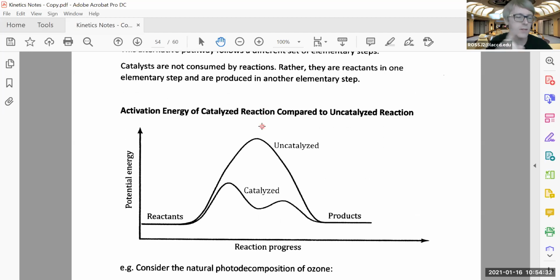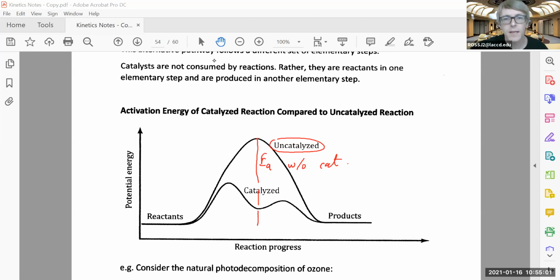This is the danger, this is what I wanted to alert you to. If we imagine the uncatalyzed path up here, it has this activation energy barrier here. So this is without a catalyst. So there's a large energy obstacle.